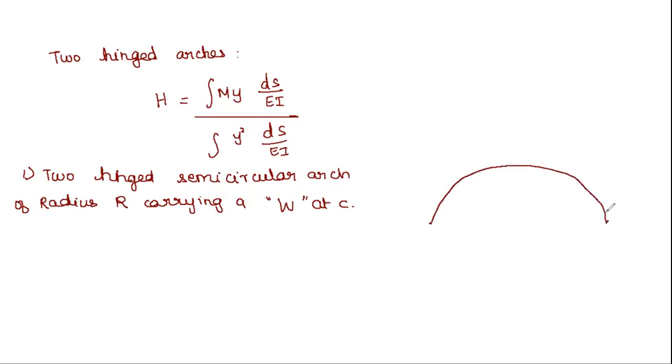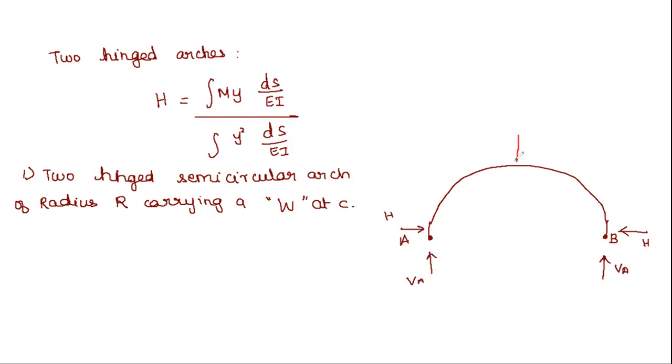The drawing is a 2-hinged arch and it is semicircular, with points A and B, and the reactions H and V.